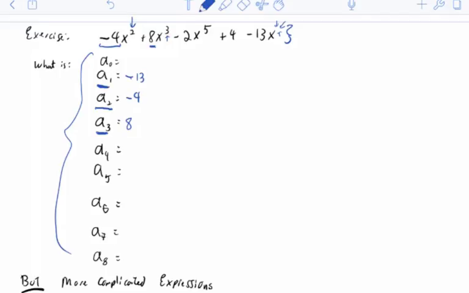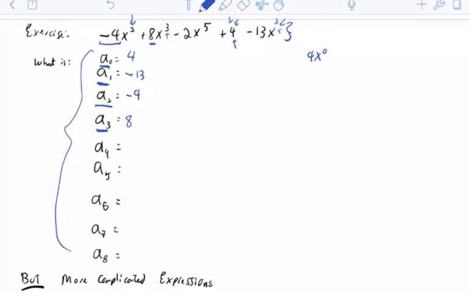a_0, that's the constant term. It's that one right there. Remember that we could have written that x to the power 0, but it's the same thing. All right. What about these higher ones? Are there any that we haven't included? That one, x to the 5. So that's minus 2.